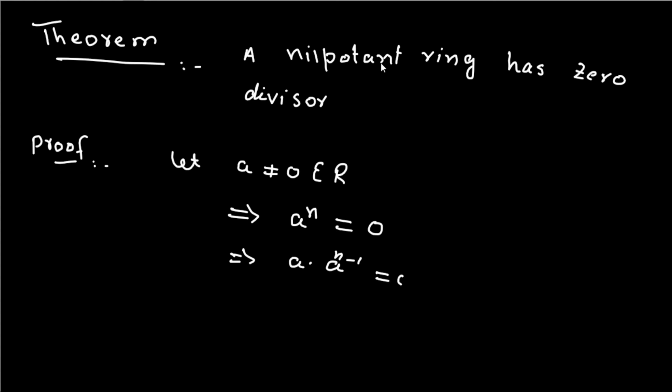So what does it mean by a raised to the power n minus 1? It means that it has zero divisor. This is the definition of zero divisor, where the dot means multiply. This completes the proof of our theorem that a nilpotent ring R has zero divisor.